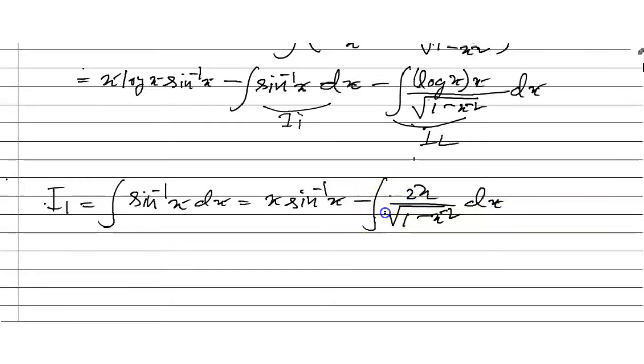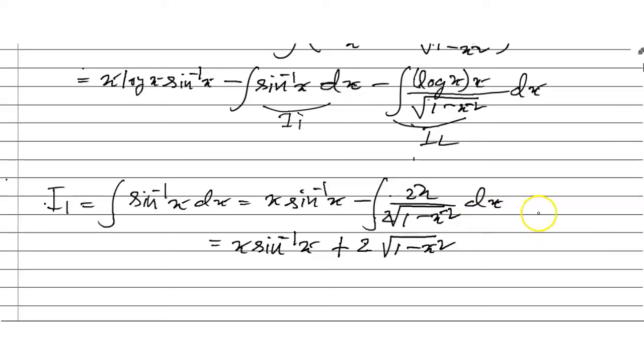So it can be written x into sine inverse x minus 2 into minus plus root over 1 minus x square.